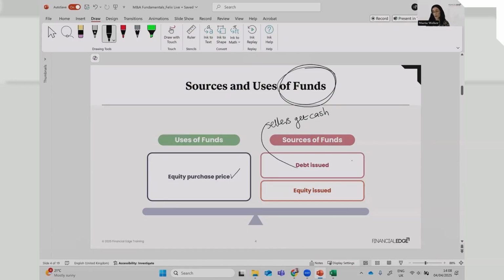The other thing that I could do is use equity to pay for this acquisition. Now, we know equity means shares, right? So I'm going to issue shares. Typically, what happens in an acquisition scenario, though, is instead of issuing those shares for cash and me then taking the cash and paying the sellers, I actually do what's known as a share-for-share exchange. That is where the sellers of their shares get shares in the now enlarged business.